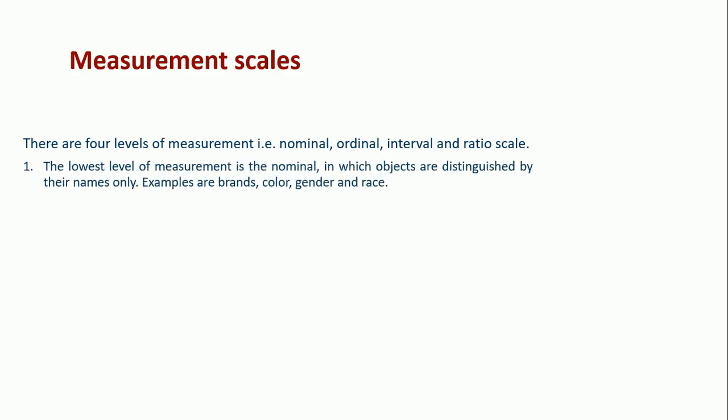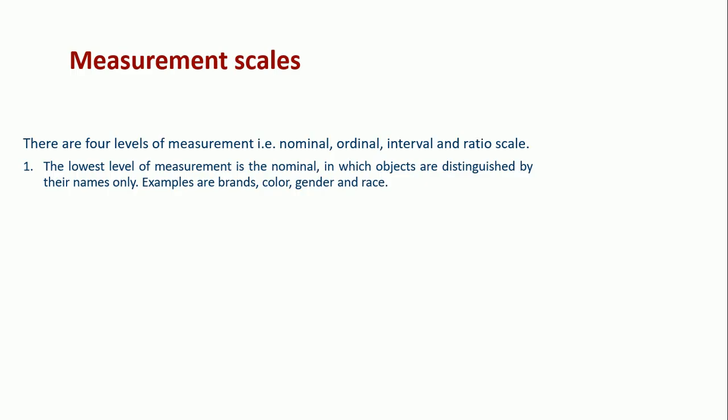The nominal level of measurement is the lowest level of measurement, under which objects are distinguished from each other by their names only. Examples of variables that fall under the nominal level of measurement are color, brand, and so forth.